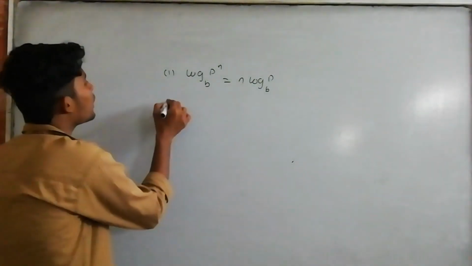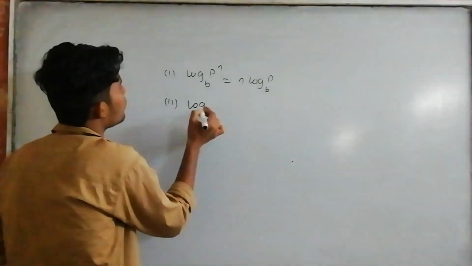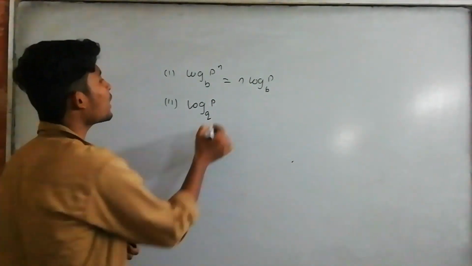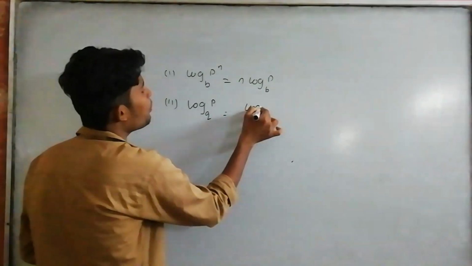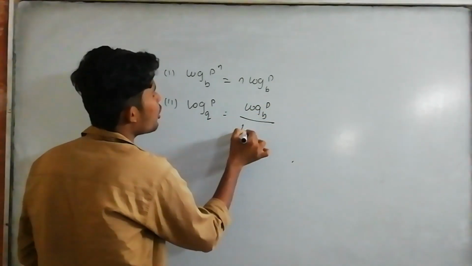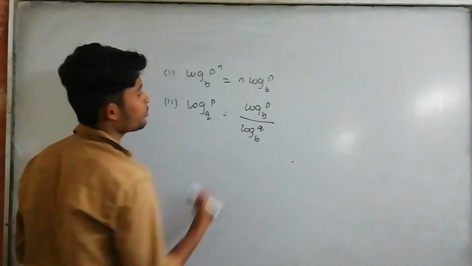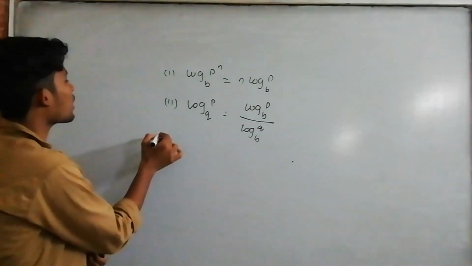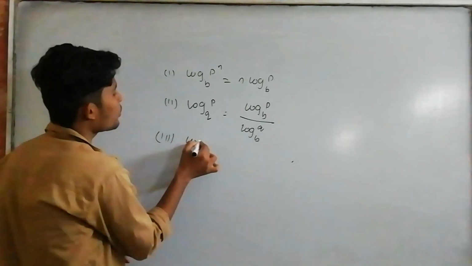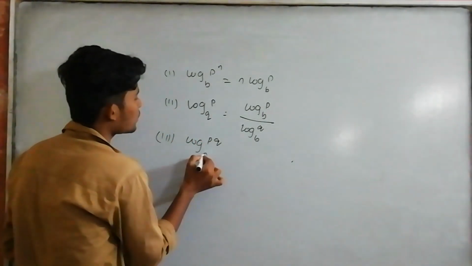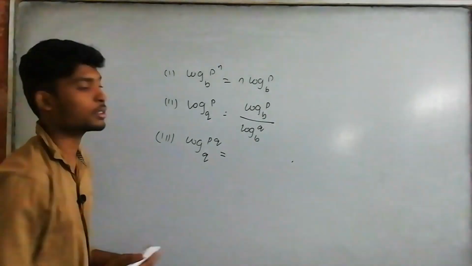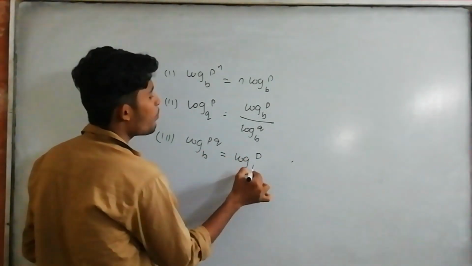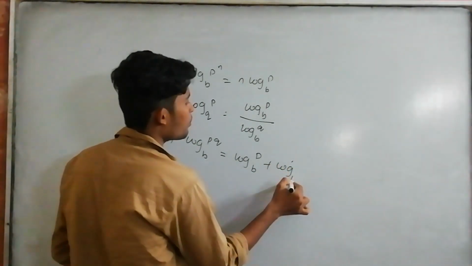The second formula is log of p by q, which can be written as log p base b divided by log q base b. These two formulas are the same. Another formula: if log of the product pq is given, then it can be written as log of p base b plus log of q base b.